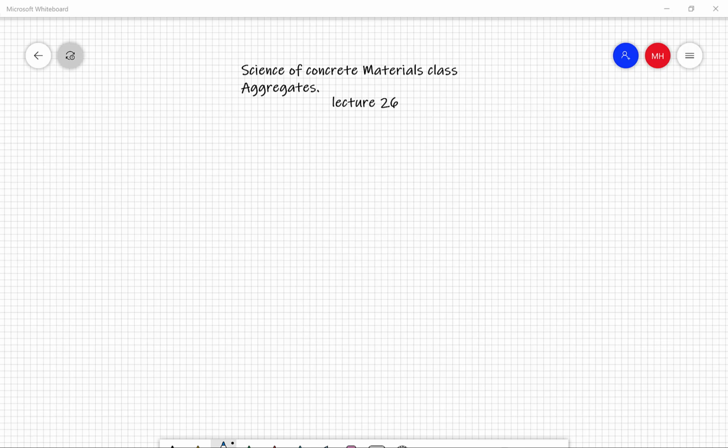And also the determination of the moisture content, absorption, and effective absorption, all based on the oven dry moisture state as a reference. So these are some more computations that we will need, and they will be helpful when doing the mix proportioning, because we may come across certain situations that require these calculations.